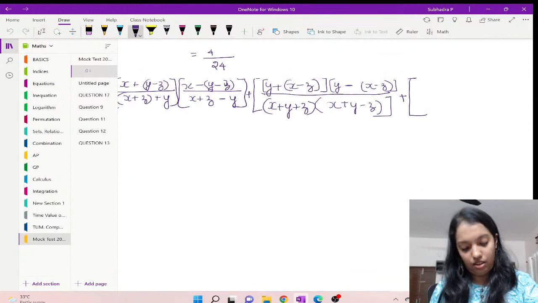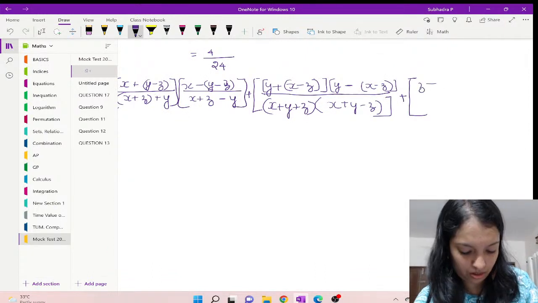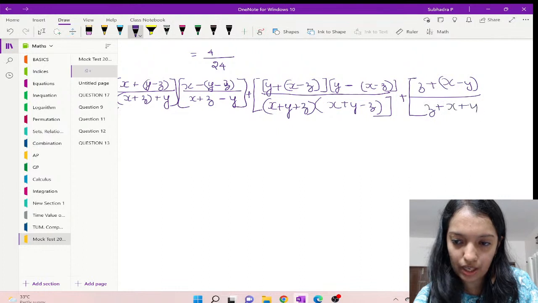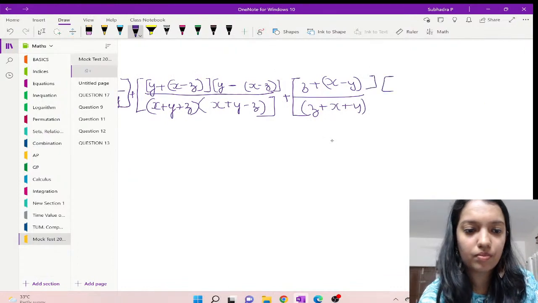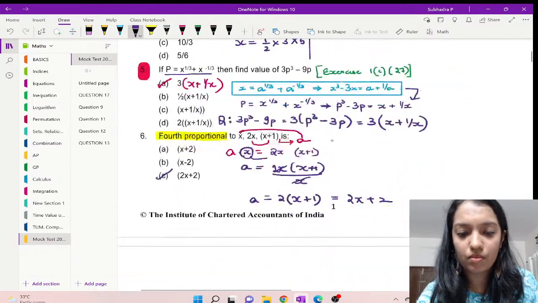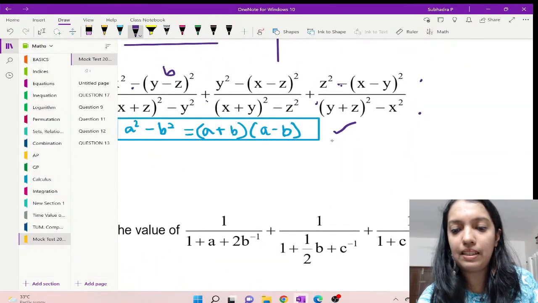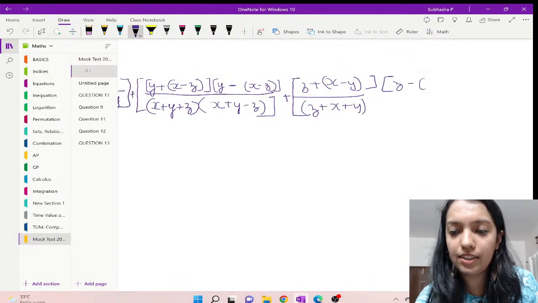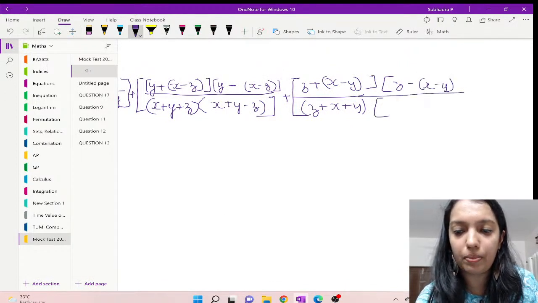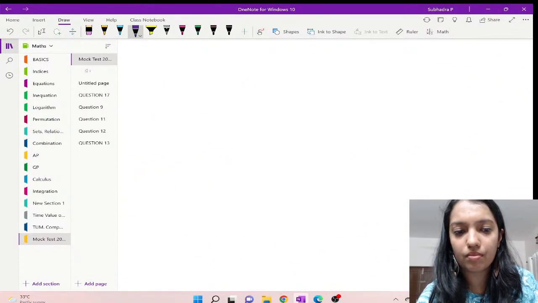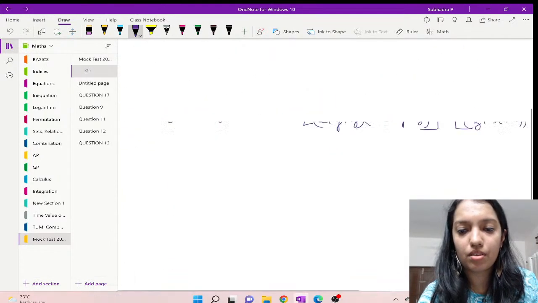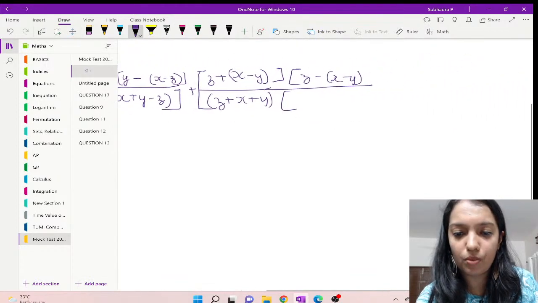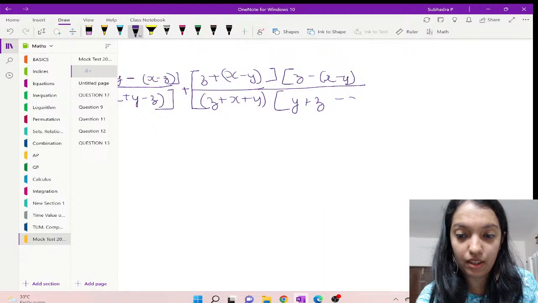So your third term will be z plus x minus y divided by z plus x plus y into z minus of x minus y divided by y plus z, y plus z minus x.